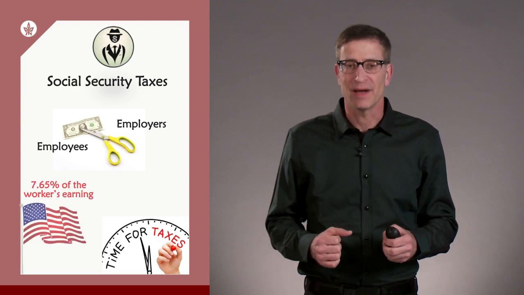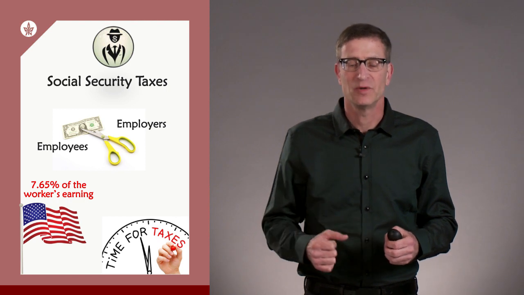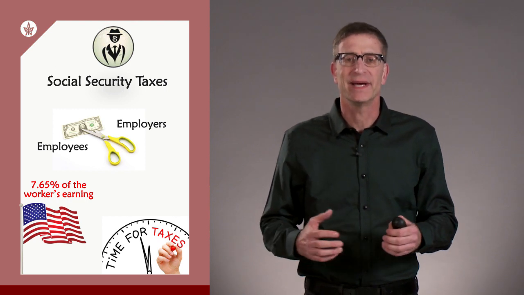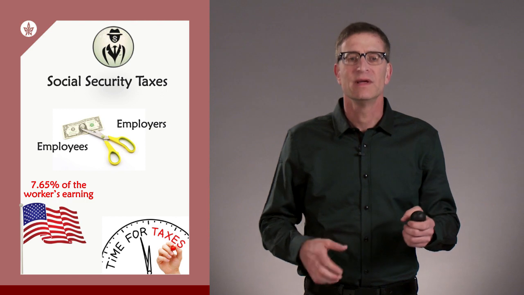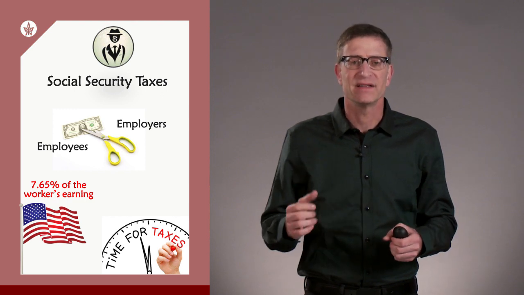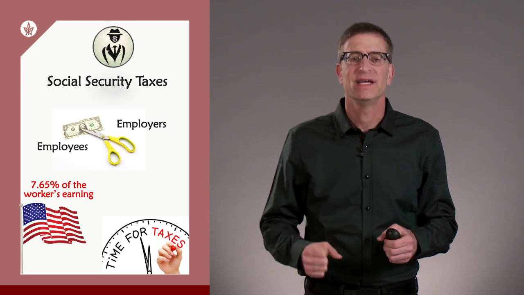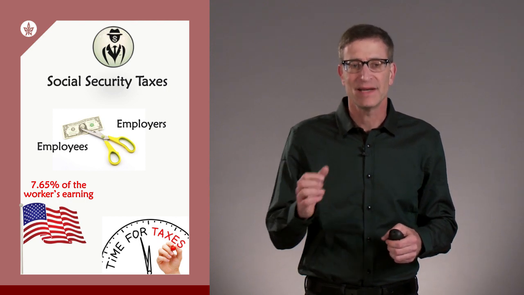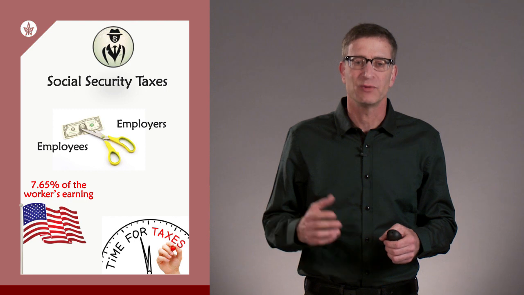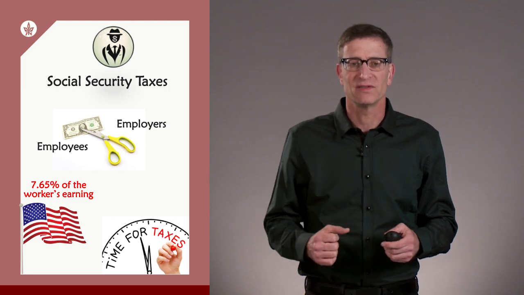In the US, for example, a payroll tax, which includes Social Security and Medicare, equal to 7.65% of the worker's earnings, must be paid by employers in addition to a tax at the same rate, that is 7.65%, paid by the workers themselves.